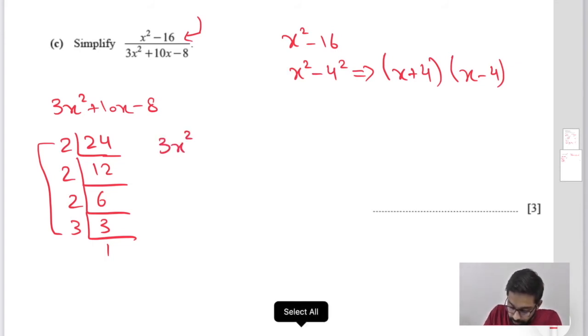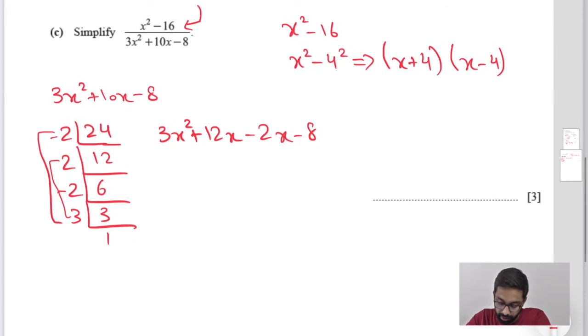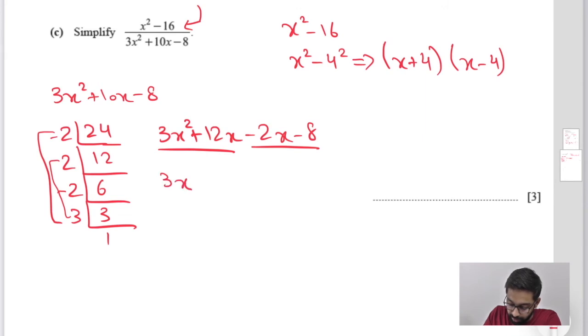So this is what you're supposed to do. 3x square. Okay, now I can do 3 times 2 gives you 6. 6 times 2 gives you 12. So you write plus 12x, and this minus 2 can be subtracted from it, and this is what you have. Okay, now you look at these, you break this equation down into two parts. So the first part has a common factor of 3x.